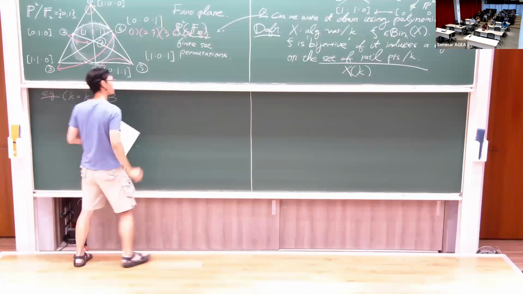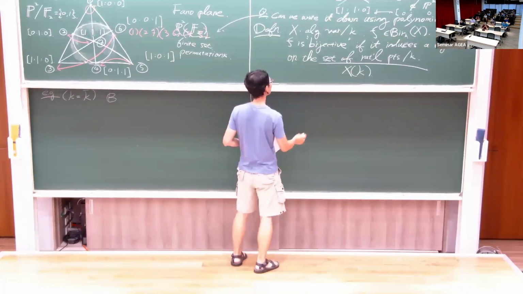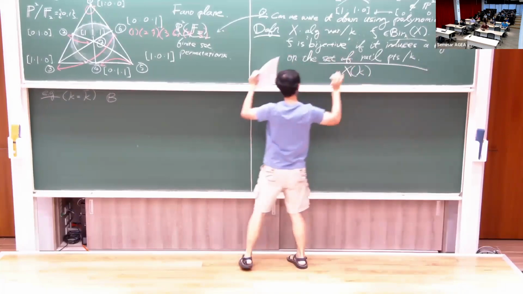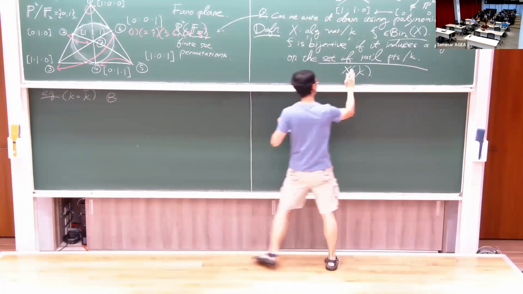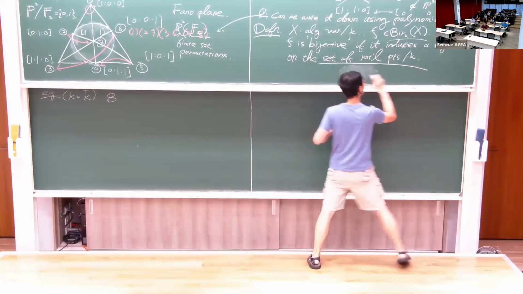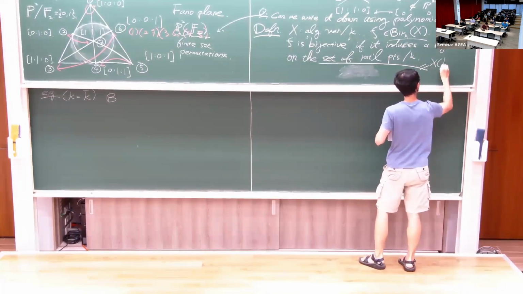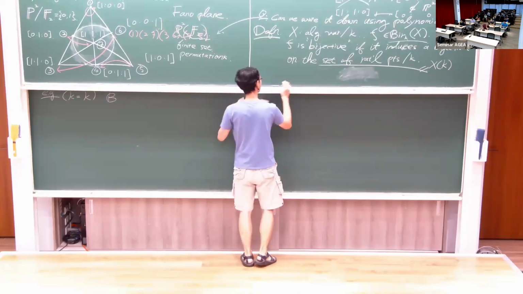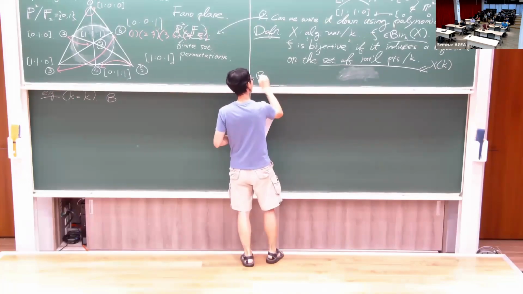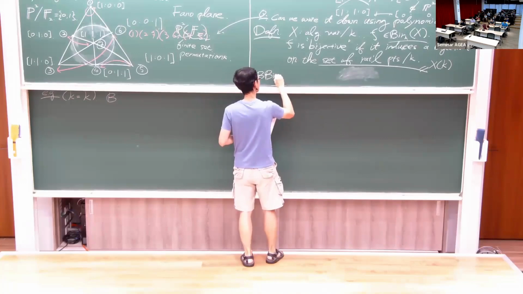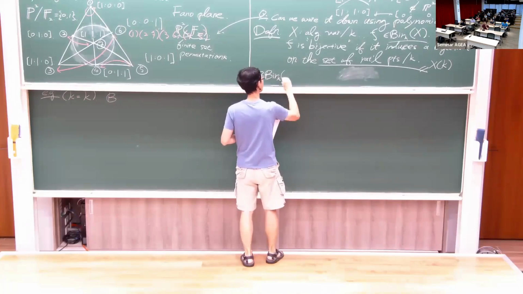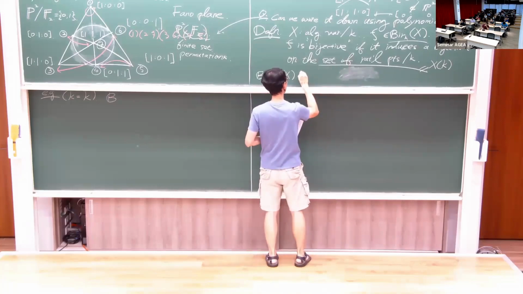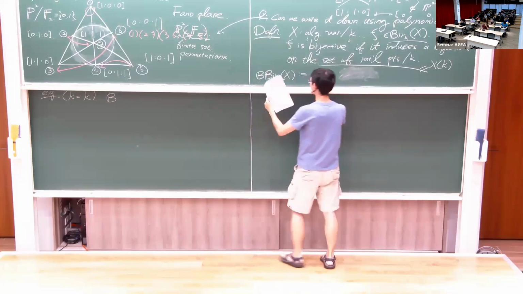okay, I forgot to define one thing. In this group of birational automorphisms, these bijective elements form a subgroup. Maybe let me write it down here. Let me put X(K) here. This is just notation for the set of all rational points over K. And if you collect all the bijective birational automorphisms on a variety, they form a subgroup in that group, which will be denoted this way.